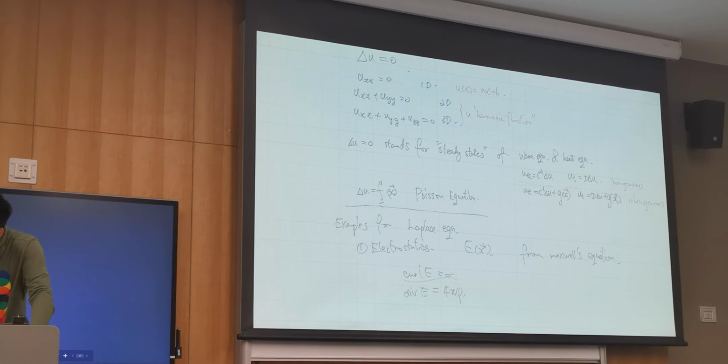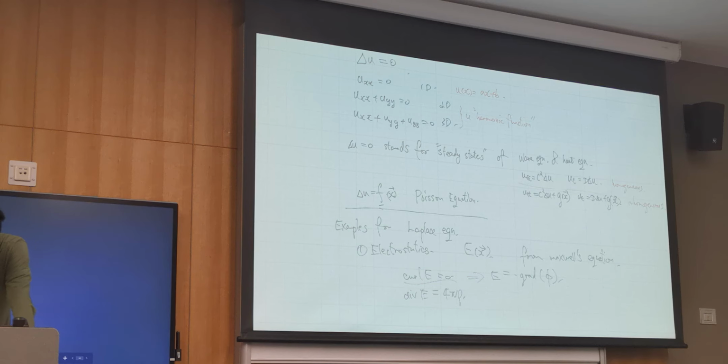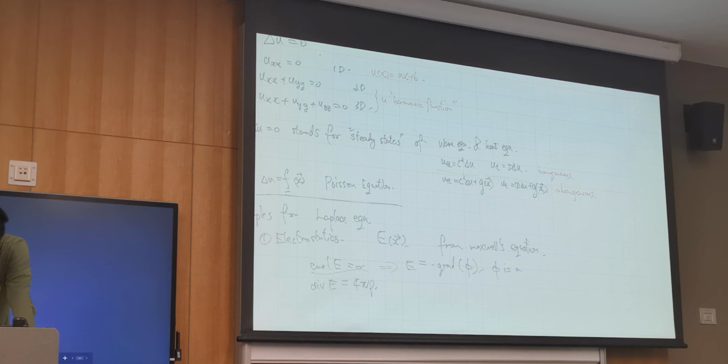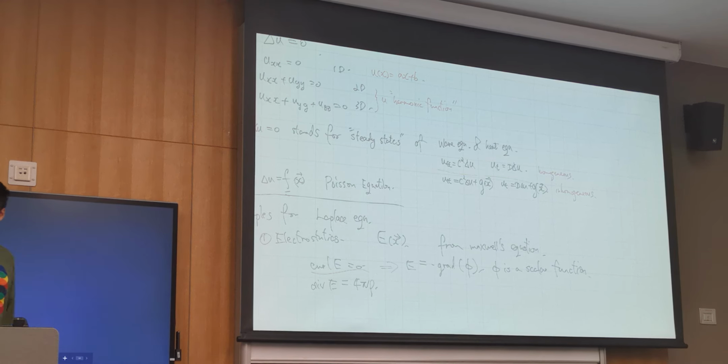The curl equal to 0 implies that E can be written as a negative gradient of a function phi, where phi is a scalar function.